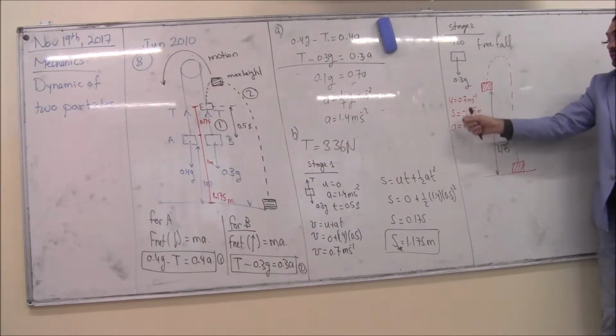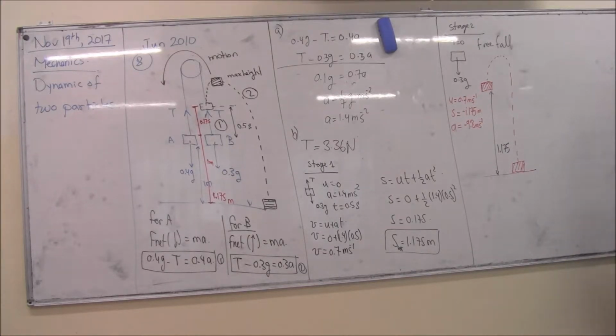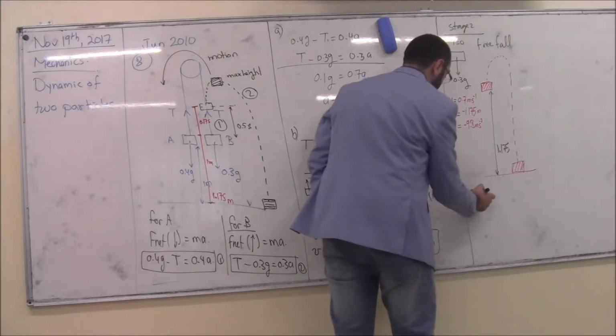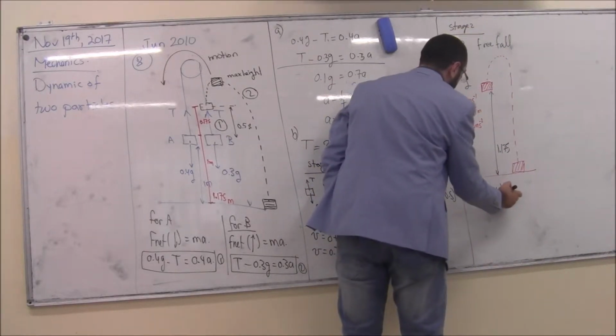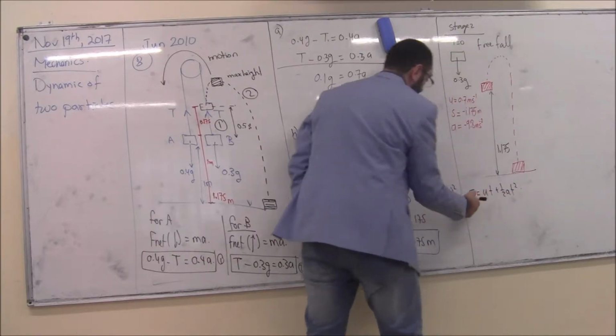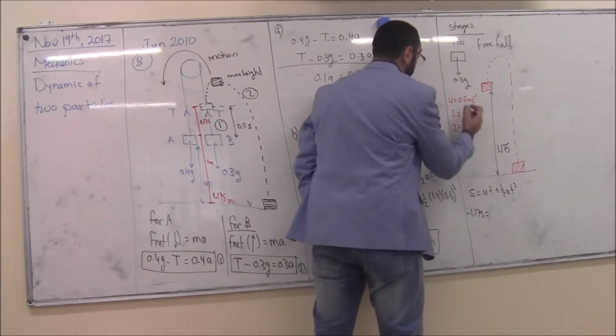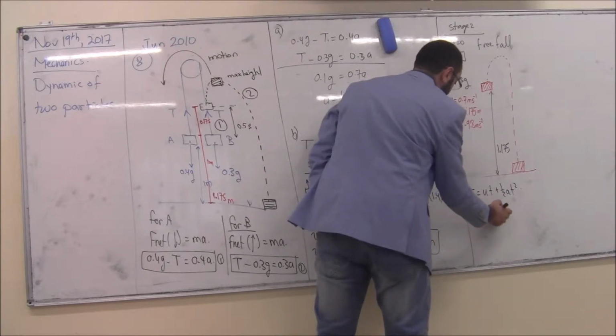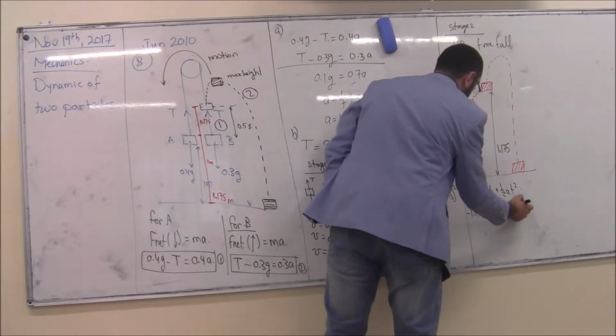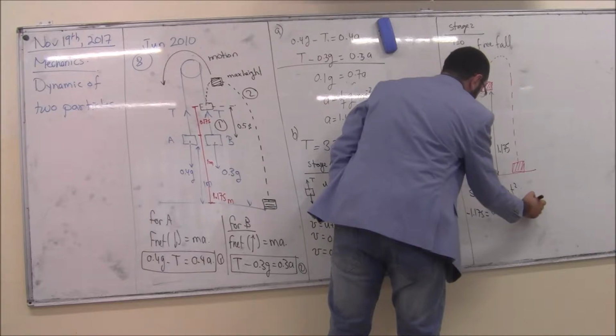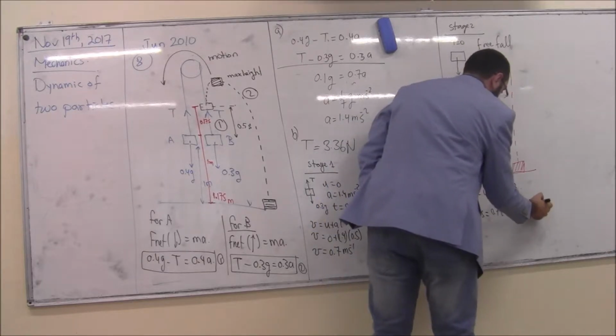Now I have U, S and A. Can I find T? Yes. S equals UT plus half AT squared. S is negative 1.175, U is 0.7, so negative 1.175 equals 0.7T plus half times minus 9.8 times T squared.